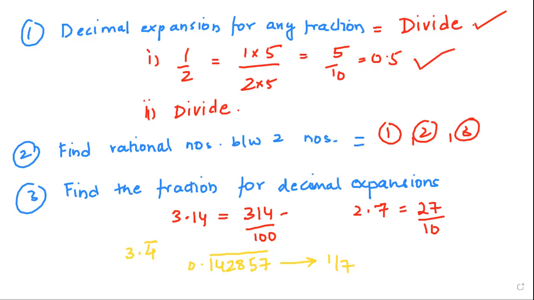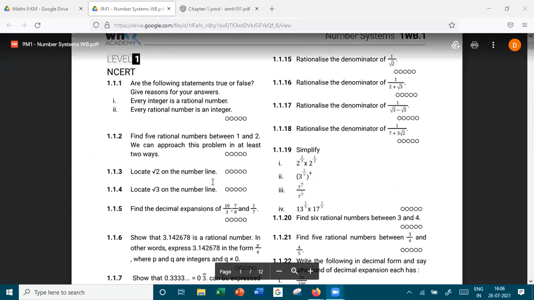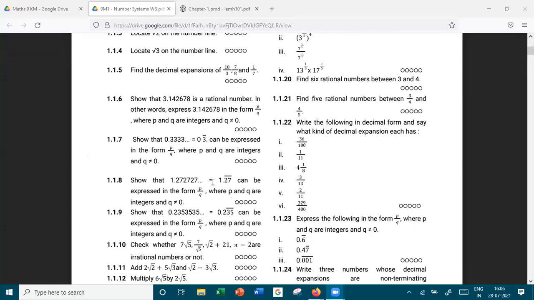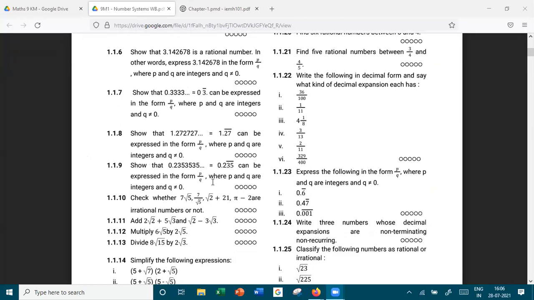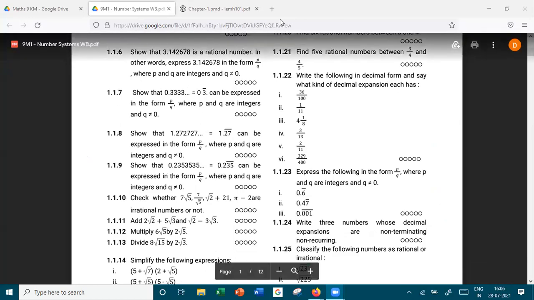Okay, let me clear all this. Let me take an example from the book itself. Let's take both, one after the other. We'll do 1.1.7 first, and after that 1.2.7. Or rather, we'll do 1.1.7 and I will give you the other as homework, since we need to discuss a few more things as well.